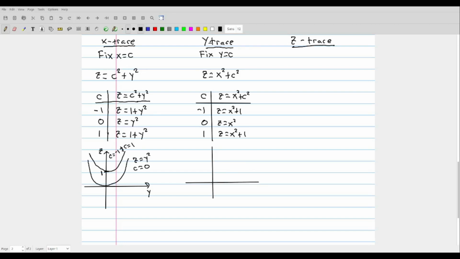And if we visualize this, this is now going to be in the x. We're fixing values of y, so these traces are going to be in the xz plane. When c is 0, you get z equals x squared, which is this parabola right here.